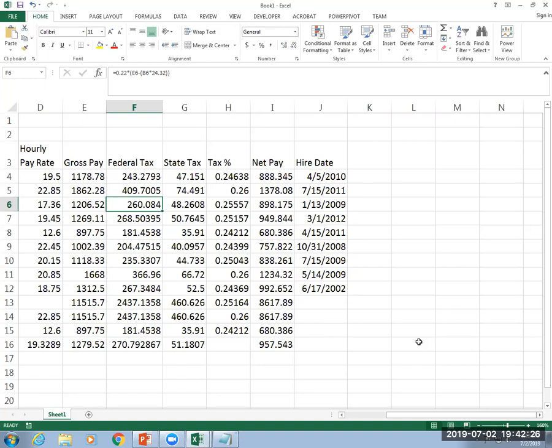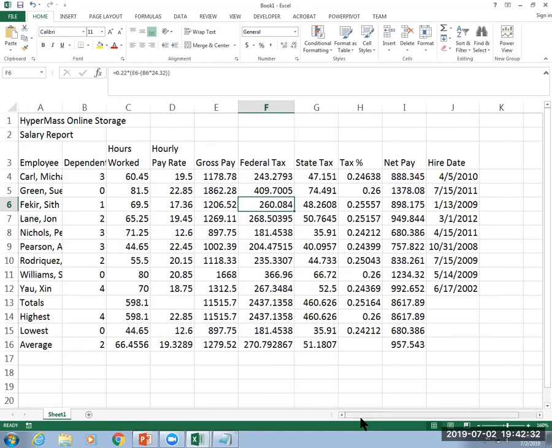Which one is yours not matching? The average is 66 minus 60. I'm sure there must be something. Yeah, so check your hours worked. So it should be 60, 45, 81.5, 69.5, 65.25, 71.25. There you go.